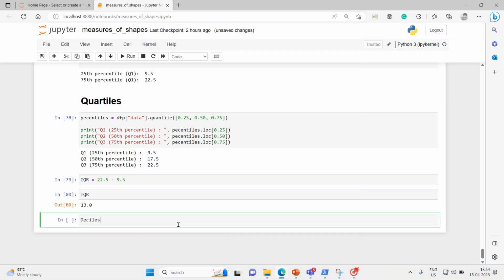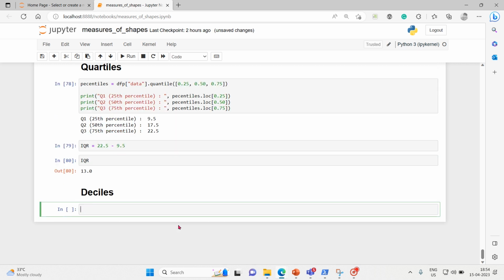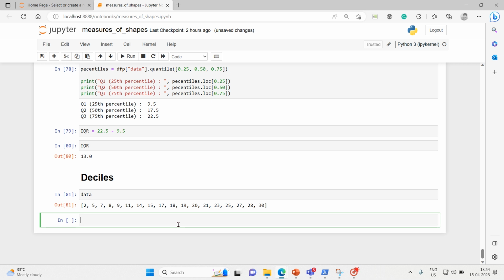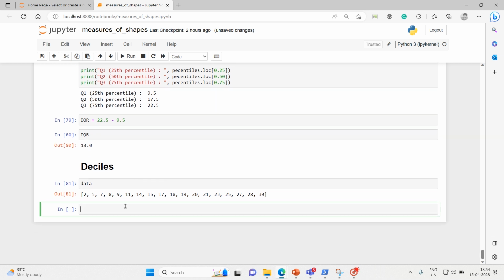So deciles, as usual, data is the one we are going to take. Let me check the data frame for this, DFD, that's data frame deciles. So pd.DataFrame, and inside that the first one is data.